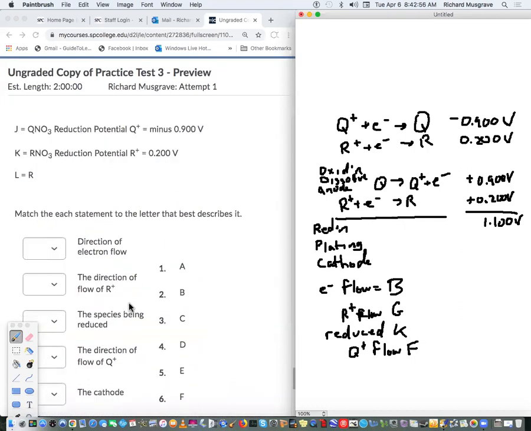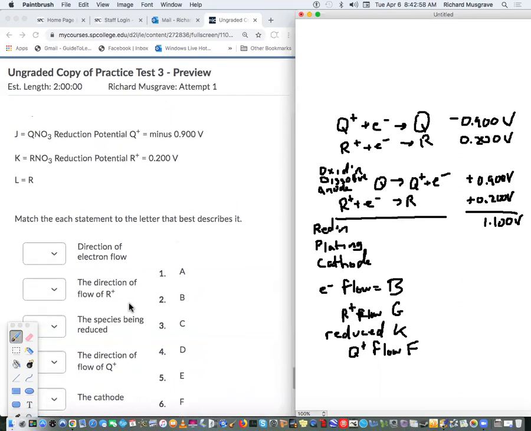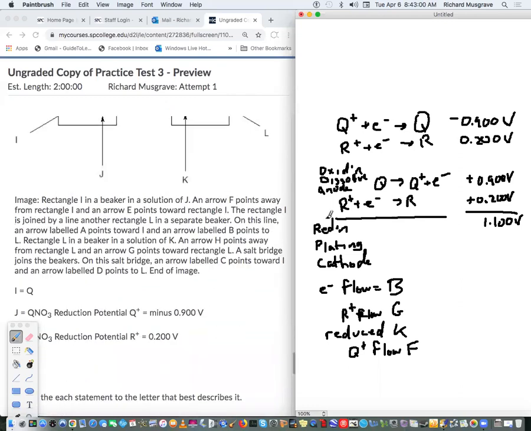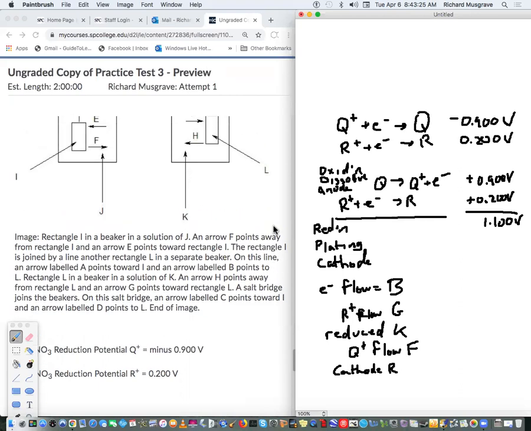Okay. Let's see, the cathode. The cathode is the electrode at which reduction is occurring. Now, the electrode is always a solid, so that would be R in this case. Not R plus, but R. And that would be, the cathode is R, which is going to be L, according to this here.